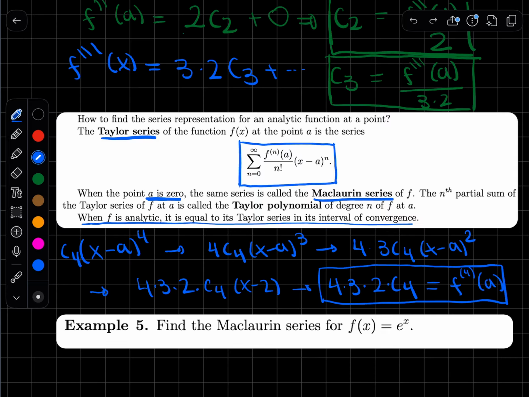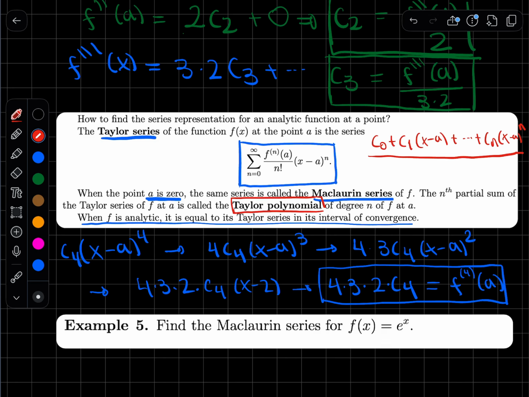If I end up stopping at a certain point instead of adding all the terms to infinity, if I add only just a few, then this will be the Taylor polynomial. So if I just do c0 plus c1 up to the cn term, not going to infinity, just stopping here, this is the Taylor polynomial.